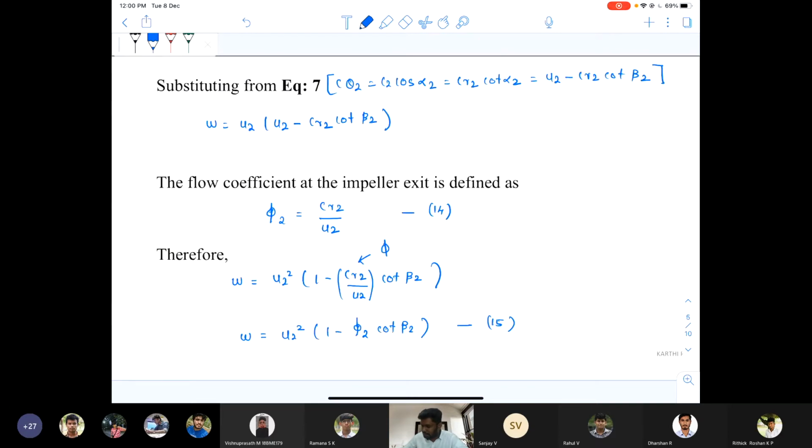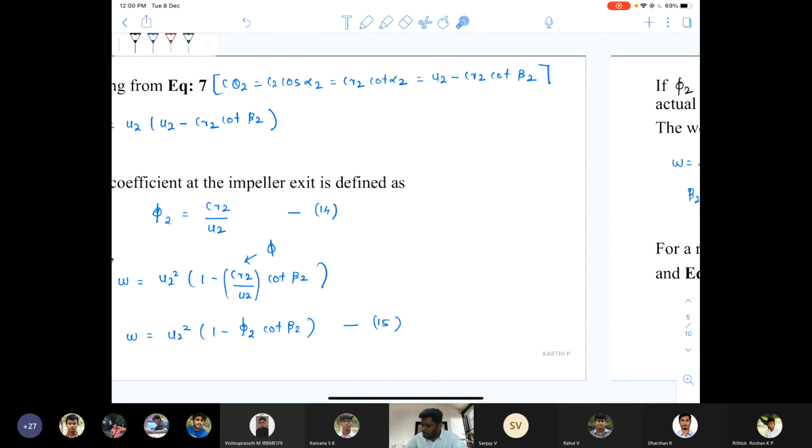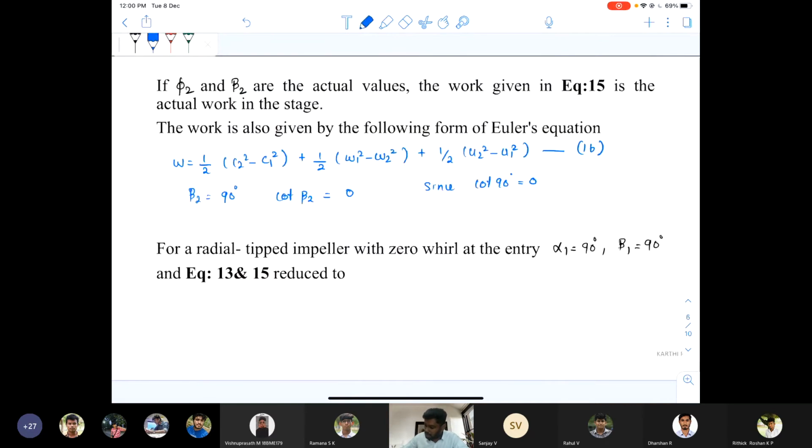Then equation number 15 will be reduced to the form W is equal to U2 square.